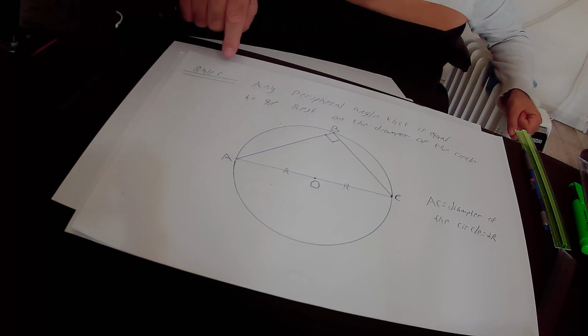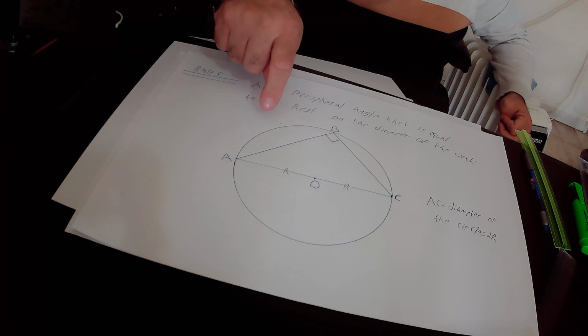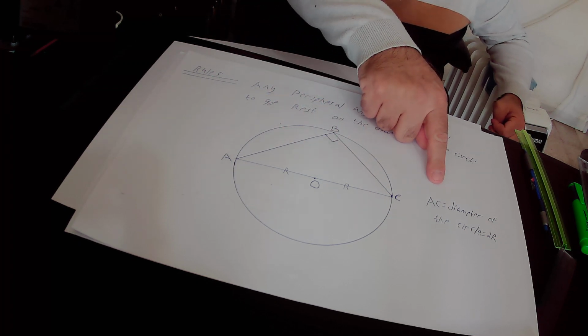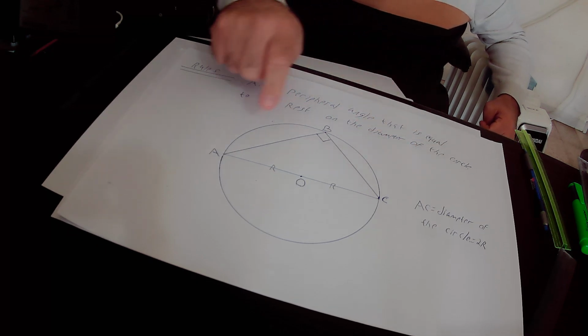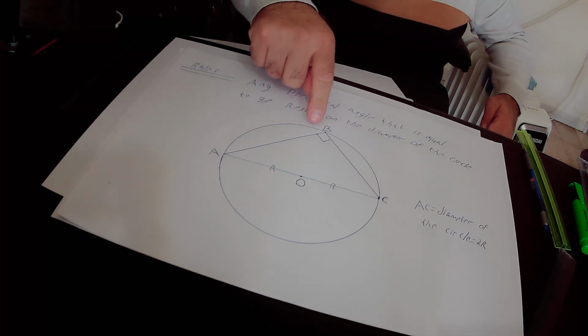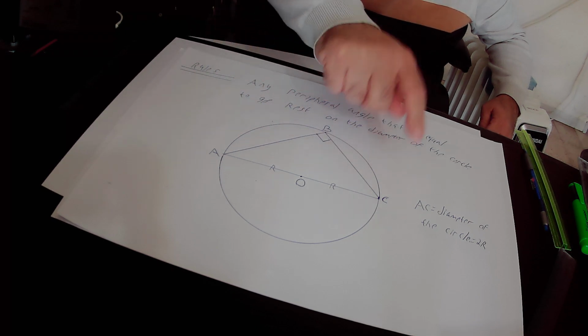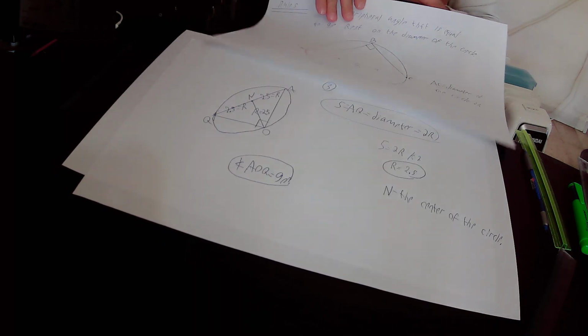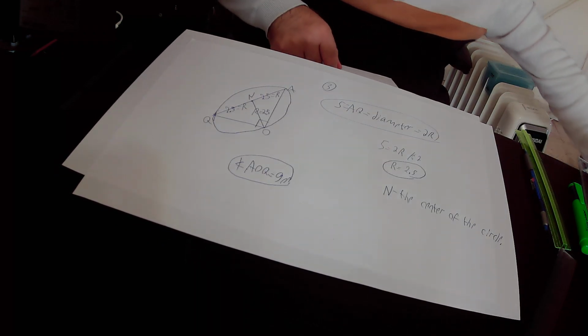According to rule number 5, it must rest on AC, which is the diameter of the circle. So we can implement rule number 5 on our drawing.